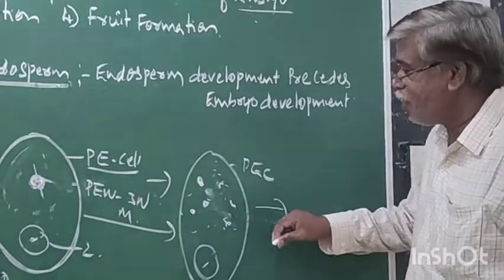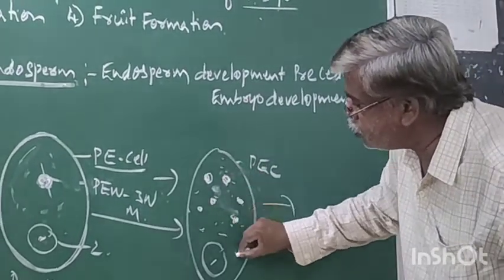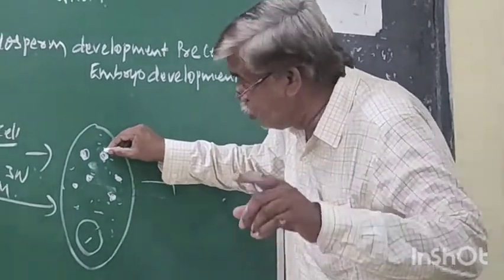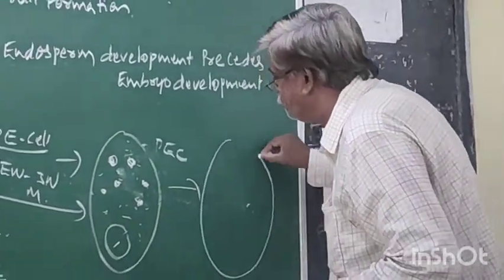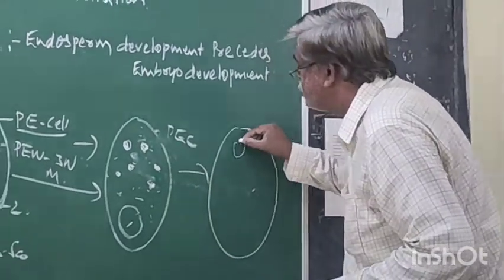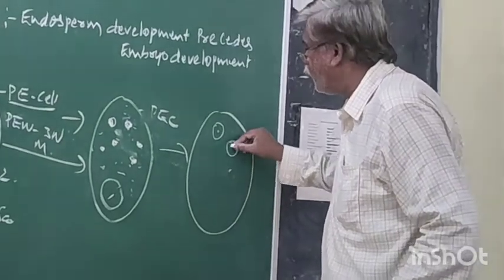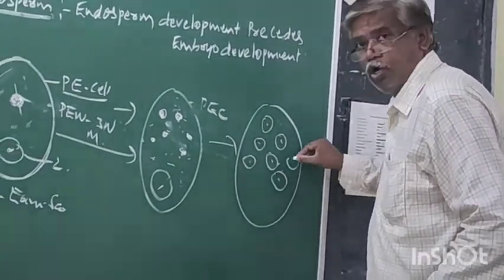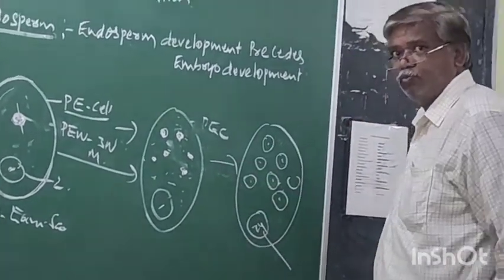Now this is the nucleus, this is the nucleus, and this is the cytoplasm. Later, each nucleus becomes a cell by the development of a cell membrane. The zygote is as it is.